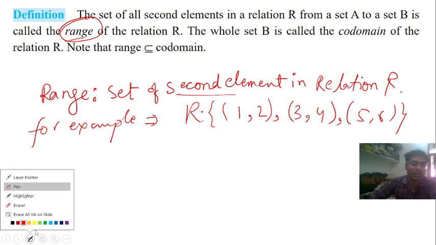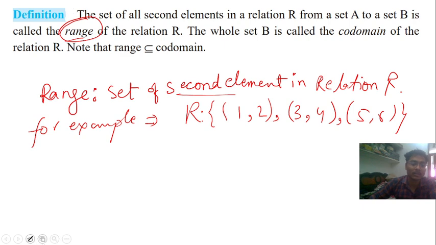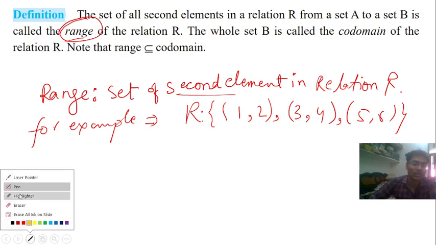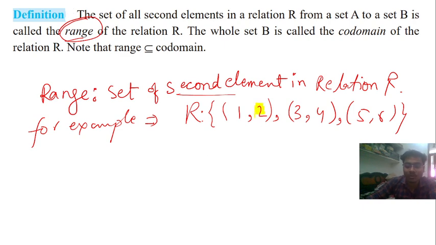How many second elements are there in the set? The second elements are 2, 4 and 6. So when you try to write the range here, the range will be the set of 2, 4 and 6. So these are the range.